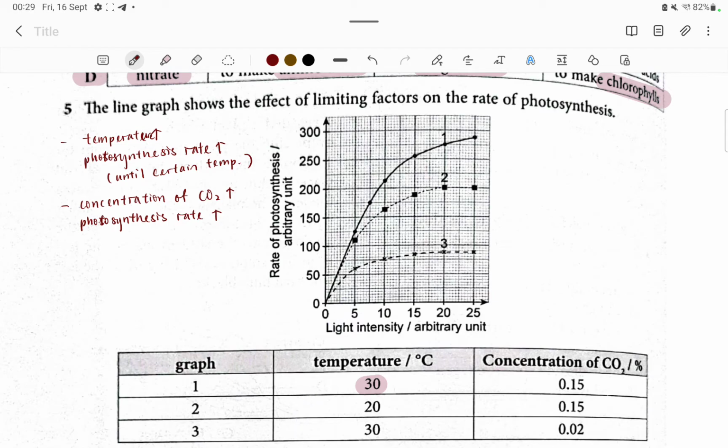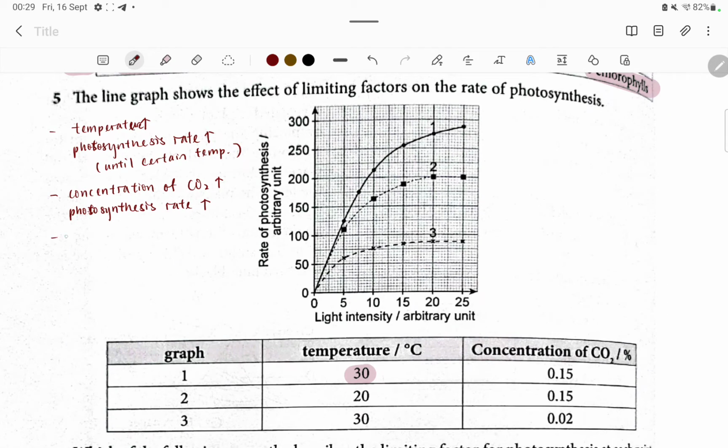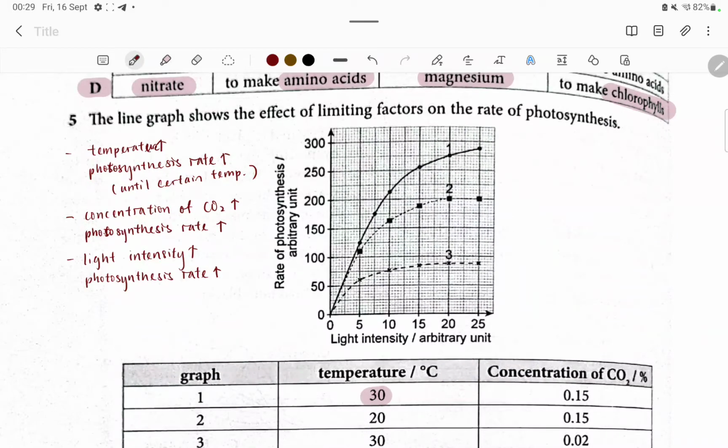And then the third one is the light intensity. When this increases, photosynthesis rate also increases. So these are all the 3 limiting factors.